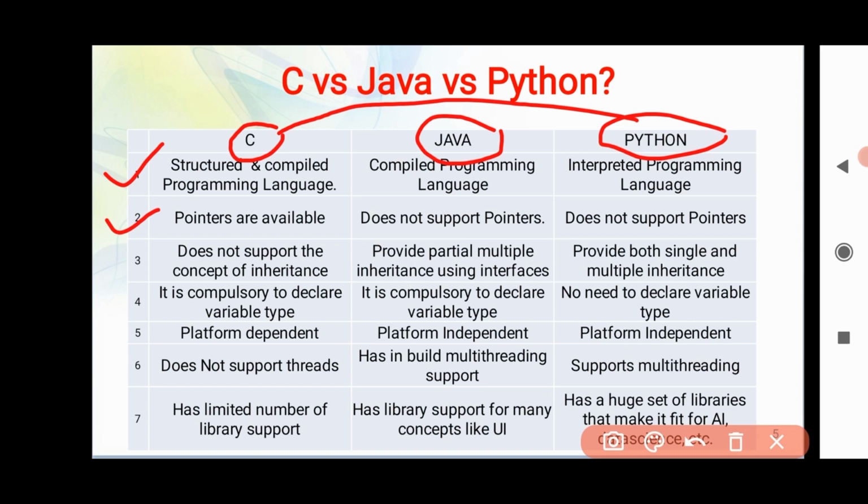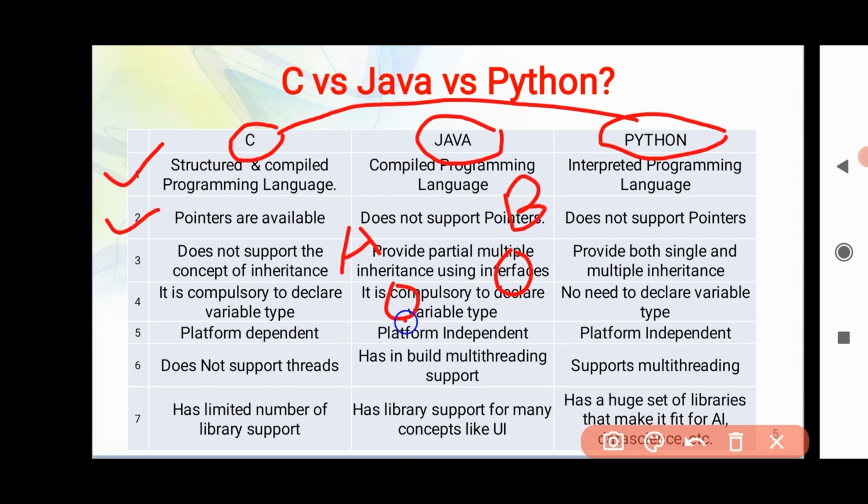But even Java does not support multiple inheritance. Now what is the meaning of multiple inheritance? I'll just show you via a diagram here. When you have one class and another class, let us consider you have class A here and you have class B here.